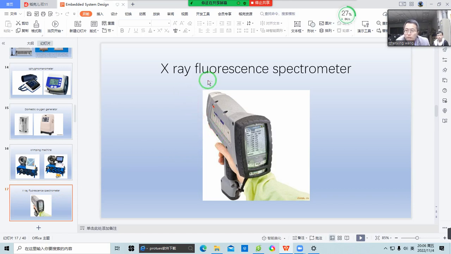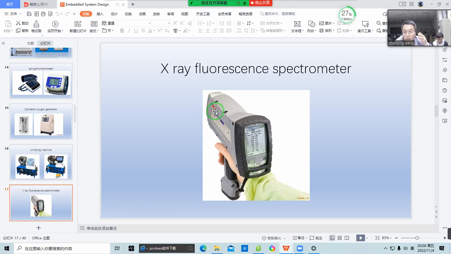This is an X-ray fluorescence spectrometer. In this example, we also installed an ARM processor. The ARM processor gathers the sample data from the sensor. In front of this sensor, we installed a sensor which receives the signal.